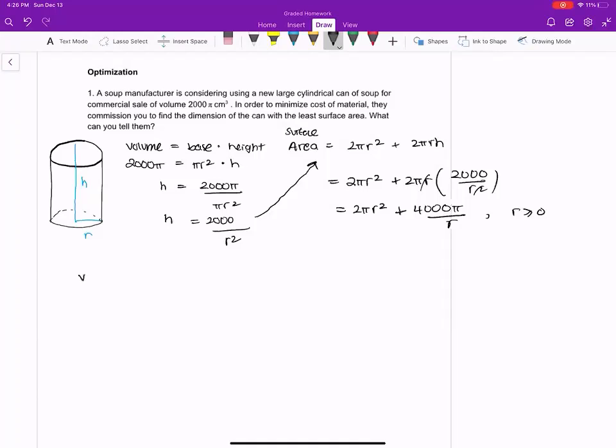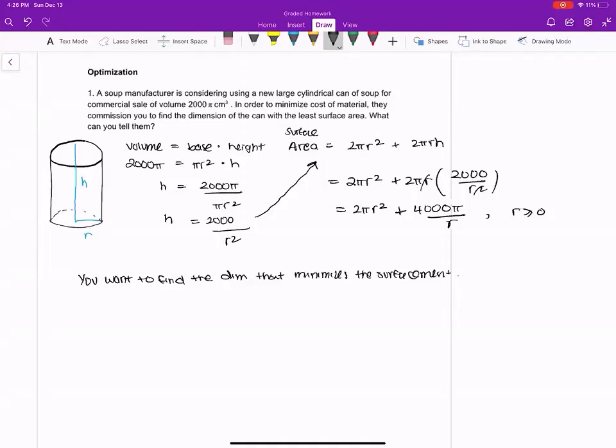Now you want to find the dimension that minimizes the surface area. What does this mean? This is essentially telling you that you want to find the minimum point in your surface area equation.